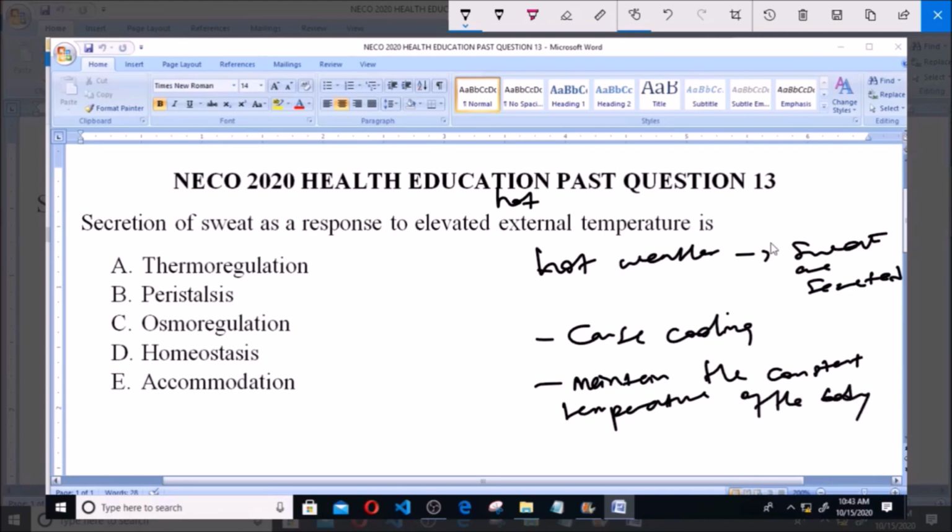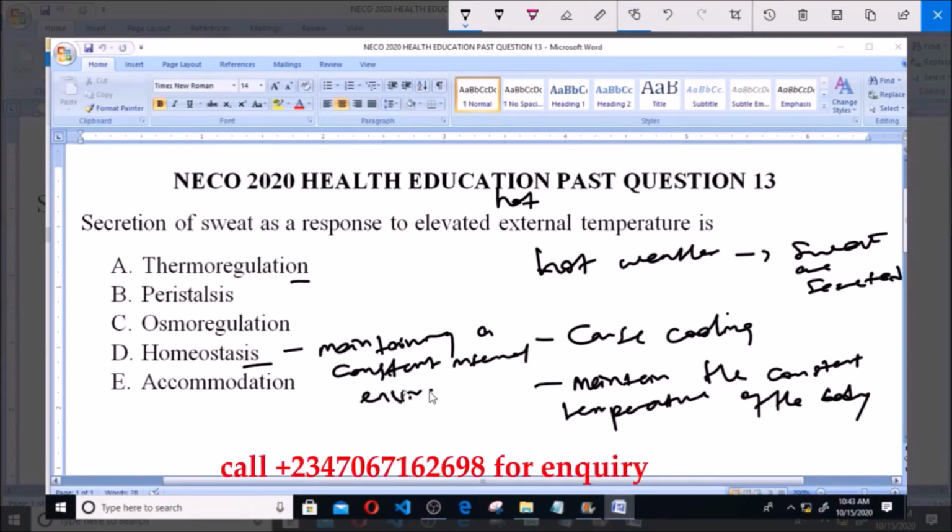Although the mechanism of this sweating here is thermoregulation, because thermoregulation involves the regulation of body temperature, this thermoregulation is a process of homeostasis, because homeostasis is defined as the process of maintaining a constant internal environment. And like you know, temperature is an internal environment.